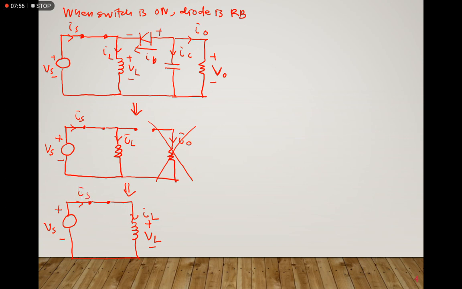This is the equivalent circuit when your switch is on and your diode becomes reverse biased.